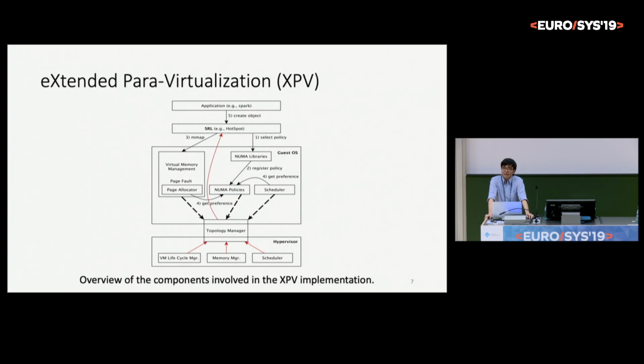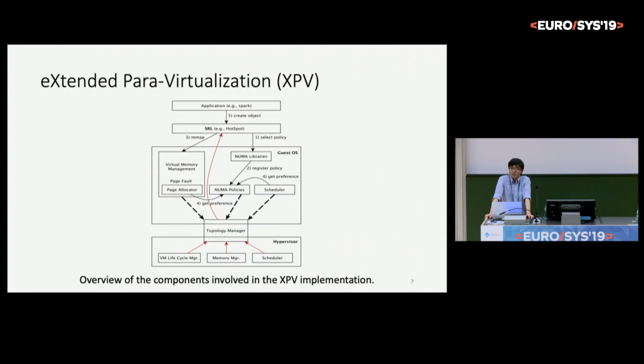This schema explains further the XPV principle. Here, the black solid arrow represents how memory gets allocated to application processes on NUMA machine. The dash arrow shows the components that need to be involved or updated in order to be XPV aware in the guest kernel.